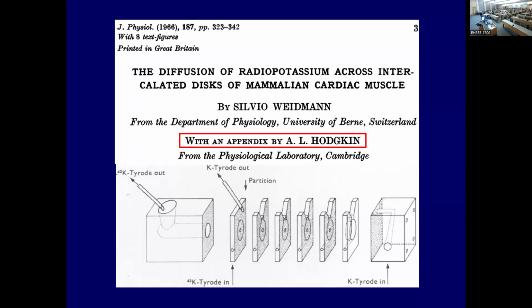So he could measure the profile of potassium that entered all the way to the exit, and he had a function that told him how much potassium was at every distance. You see here the appendix by Hodgkin, the Hodgkin of Hodgkin and Huxley, who was a quantitative person in Cambridge. All the postdoc happened in Cambridge, and Silvio did the experiment.